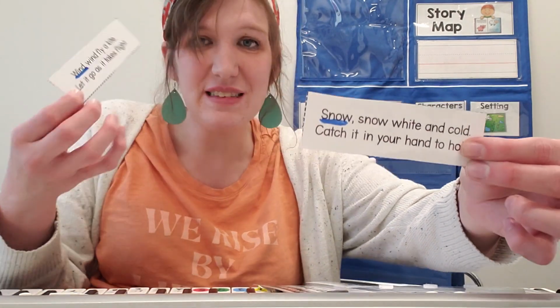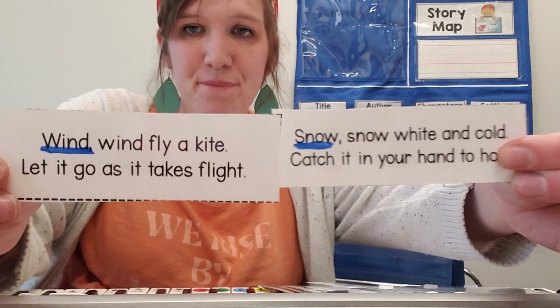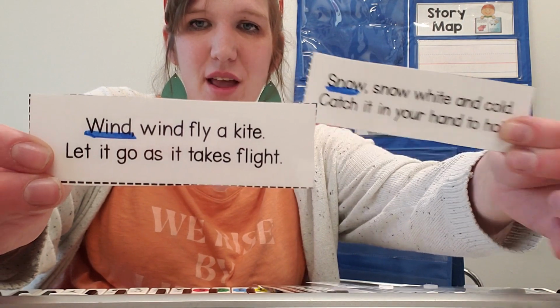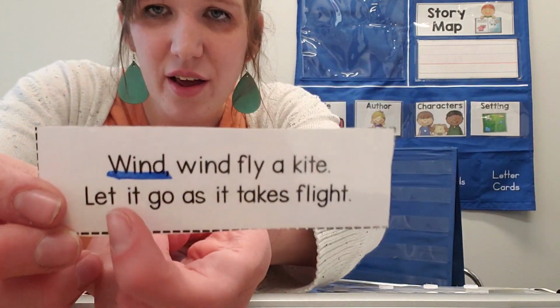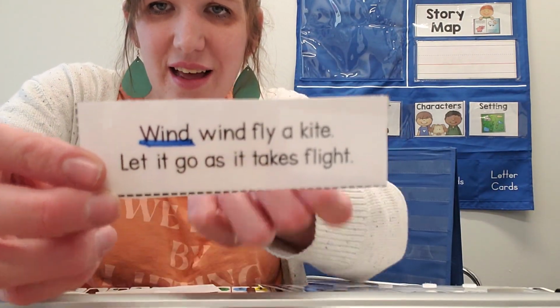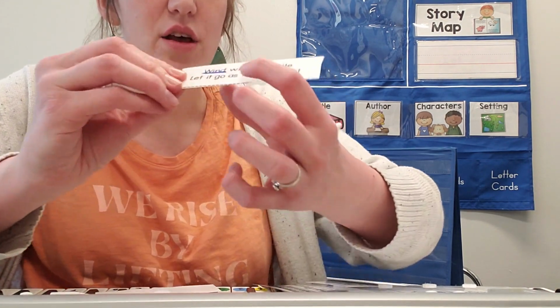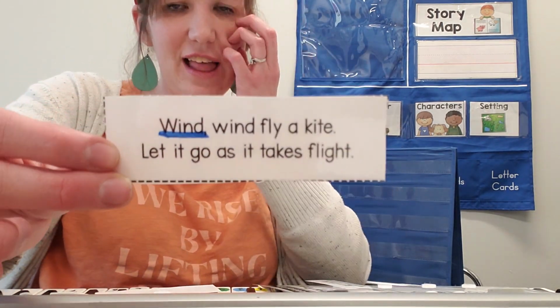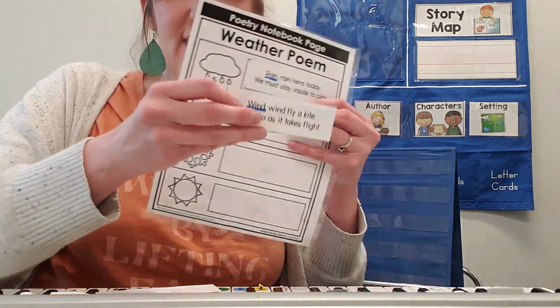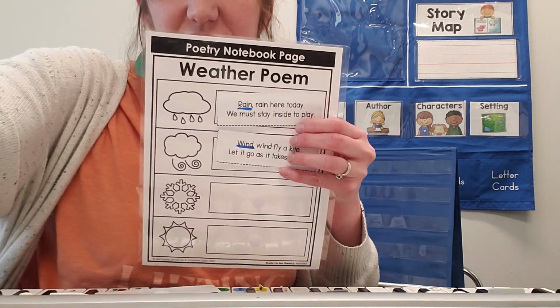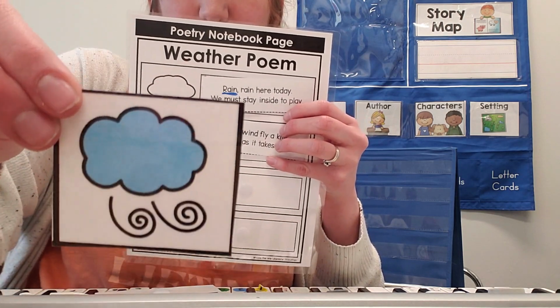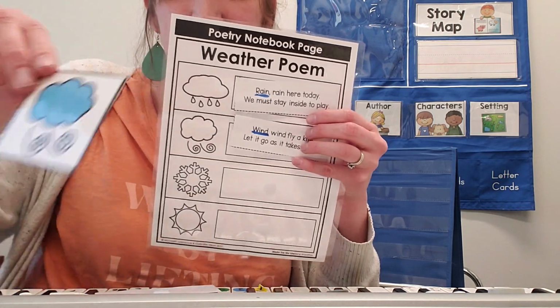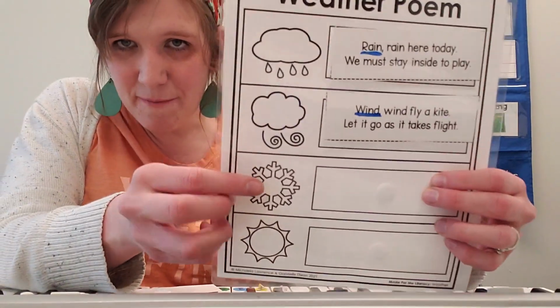We're looking for the phrase that starts with the W. Do you see it? I see the word wind. Let's read the whole phrase. Wind, wind, fly a kite. Let it go as it takes flight. We found the next phrase in our poem, which is all about wind. Awesome. Let's see what's next.